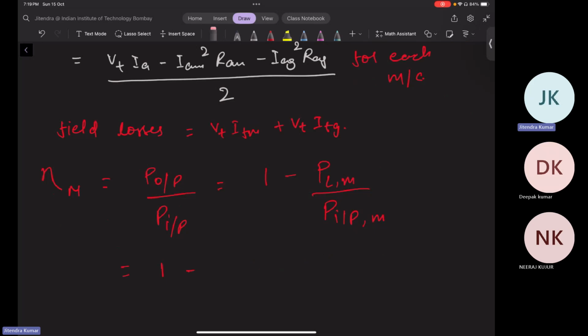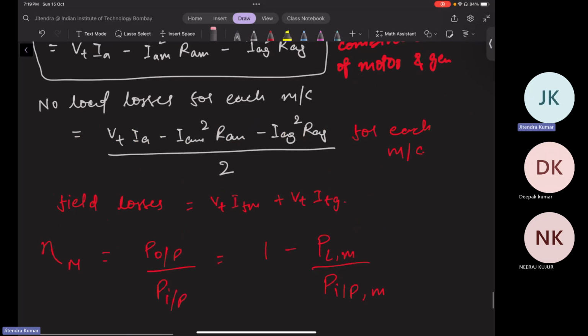I think it is the loss for one single machine, and the total loss in the motor will be the addition of IAM square RAM for the motor and IAG square RAG for the generator. You are getting where I am leading with this?